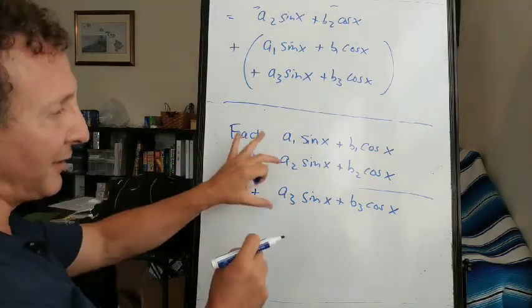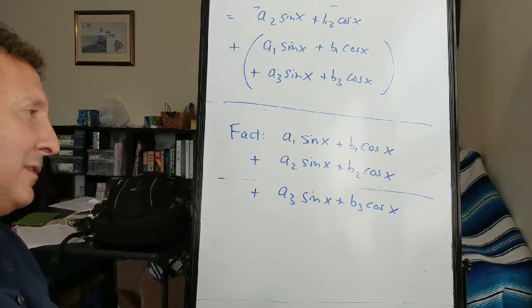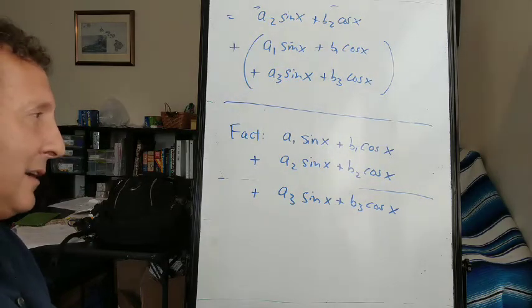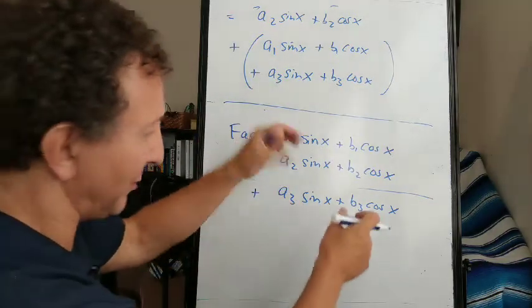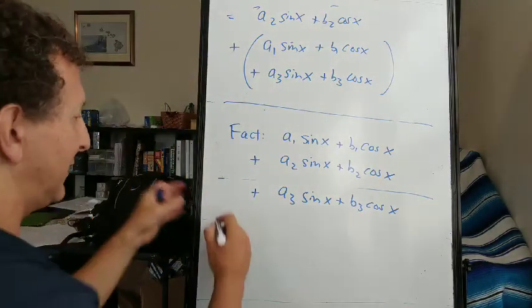Actually, the sine x and the cosine x are just placeholders, aren't they? Because if we're adding, we don't ever do anything with them except remember where the coefficient of sine x is and the coefficient of cosine x is.